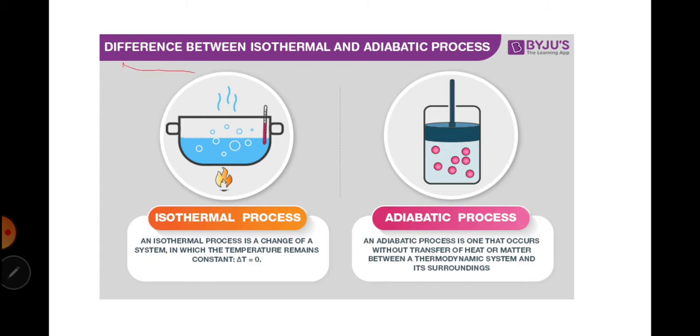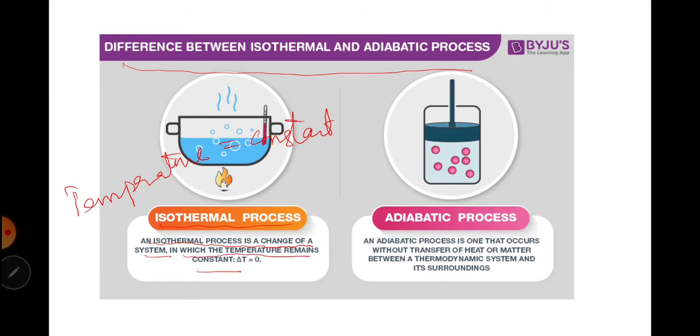Now, the difference between isothermal and adiabatic process in another way, with an example. In an isothermal process, temperature remains constant. An isothermal process is a change of system in which the temperature of the system remains constant.